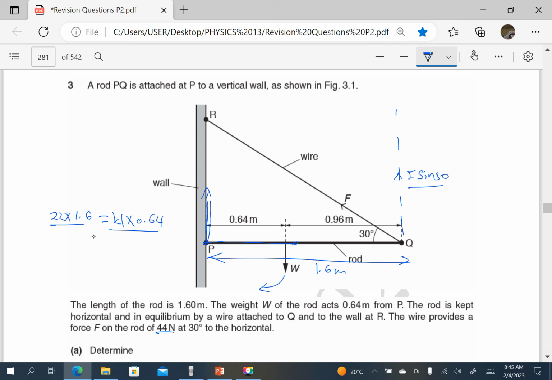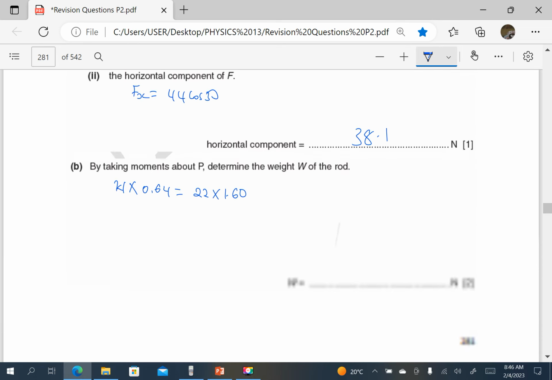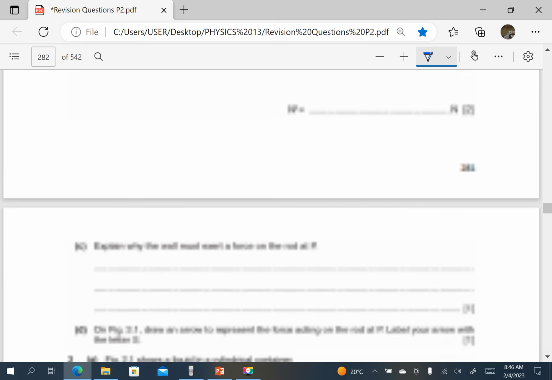That means this force must be acting somewhere in between these two forces, the horizontal, which balances the horizontal component of F, and the vertical, which balances with the total forces the weight downwards.